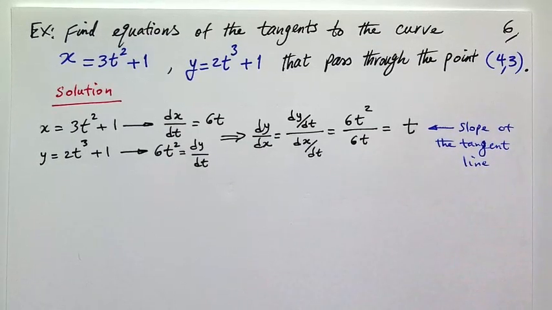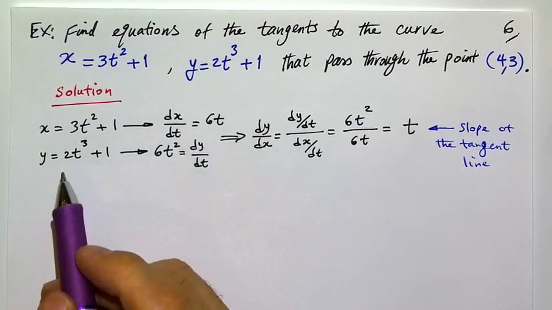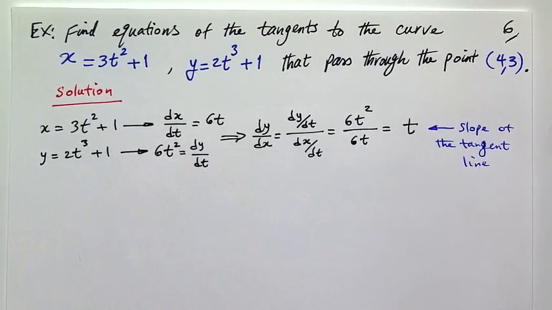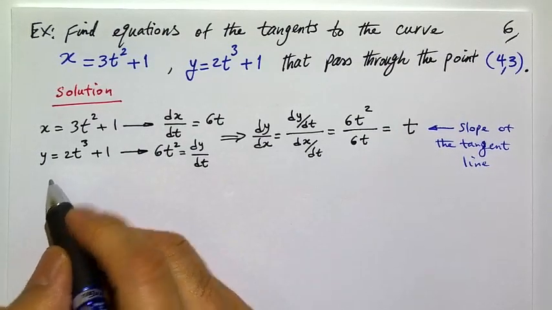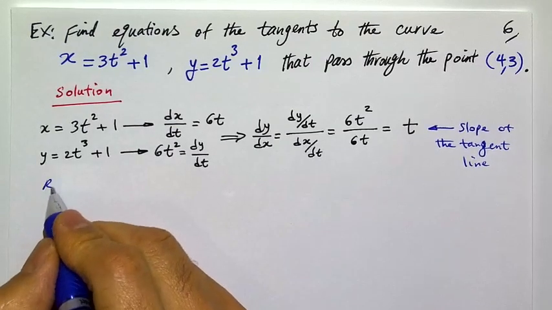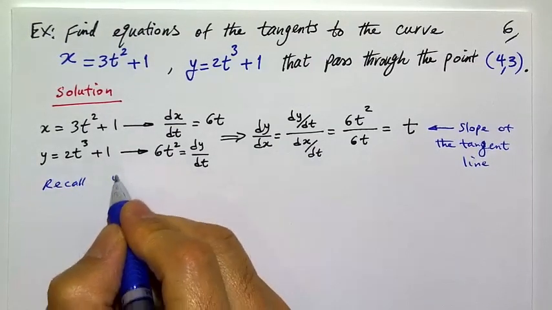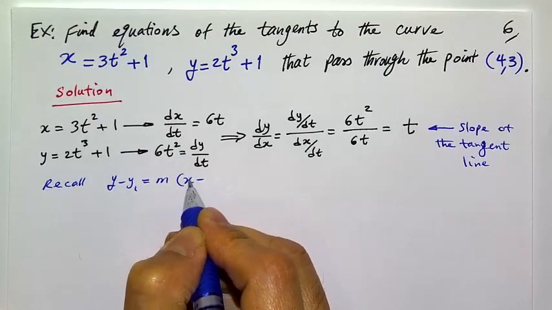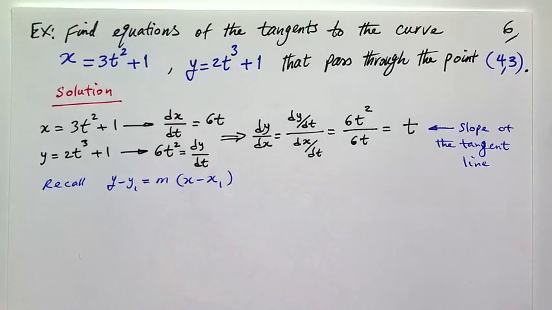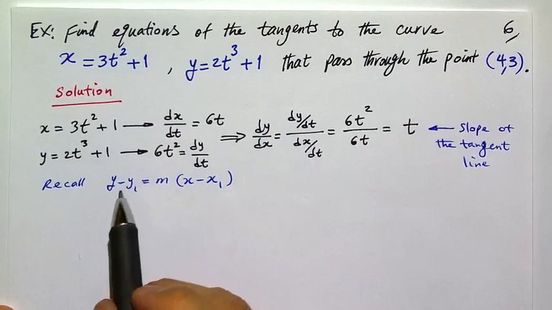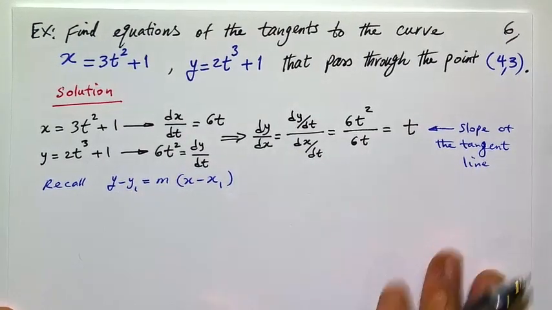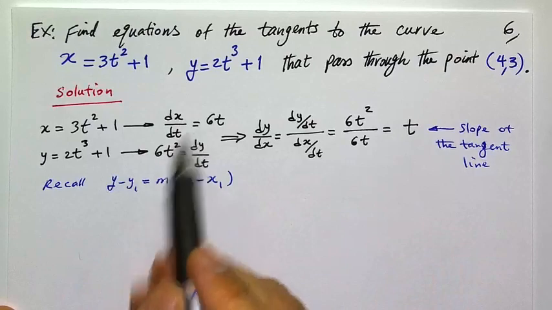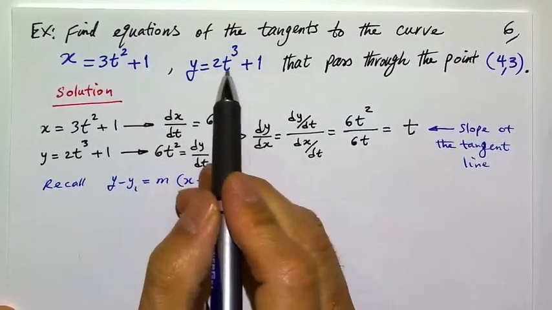Okay. So now recall, we've used this already once. We're going to do it again. Recall y minus y1 equals m times x minus x1, right? From basic algebra. So we have, in this case, y is y. Instead of y1, let's put all of this.